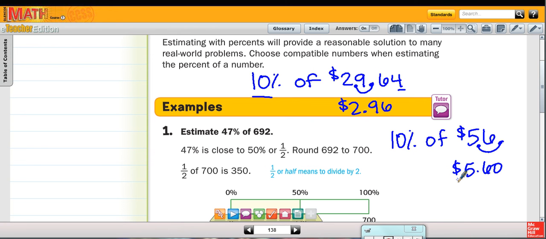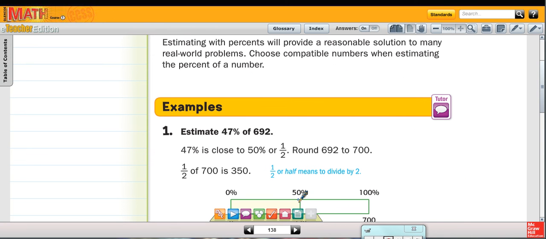Okay, so let me ask you this. Let's say they ask me for 15% of 50. Now it doesn't work so well, does it? But what could I split 15% into that might be easier for me to handle mentally?